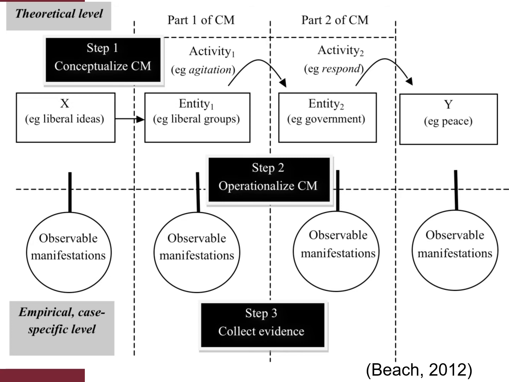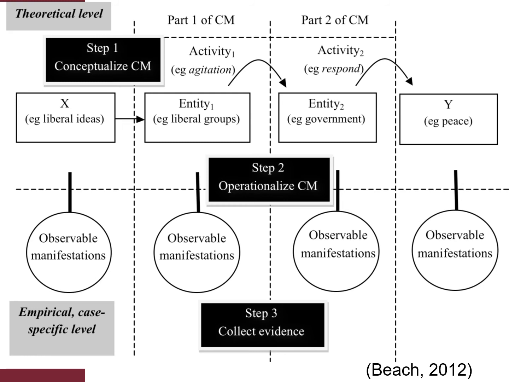Step one, you say, okay, if this theory is true, then here is what we should see happening in this case. Then in step two, you operationalize that. In operationalizing the causal mechanism, you're asking, if that causal mechanism I just laid out is true, what are the empirical manifestations? What should we observe?